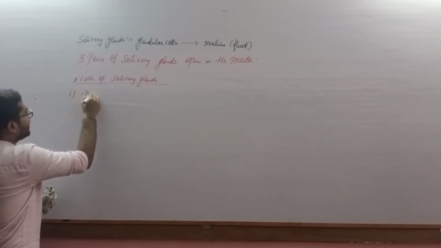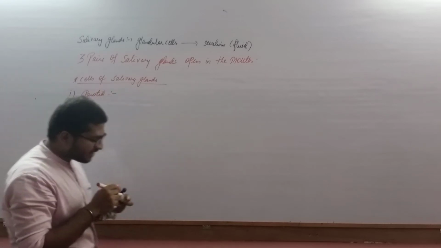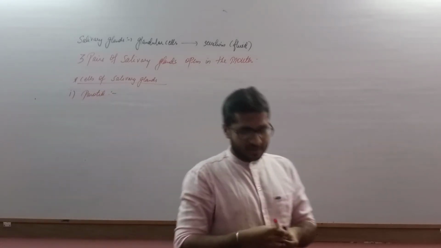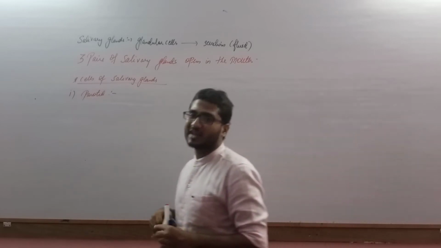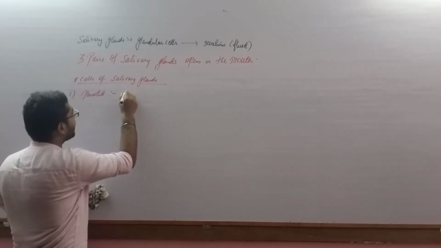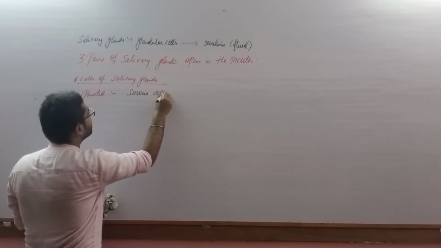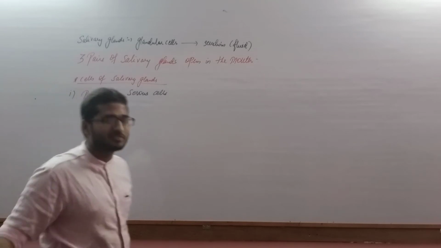The first gland is the parotid salivary gland. Predominantly, the cells present in the parotid salivary gland are of serous type. So the parotid salivary gland has serous cells.